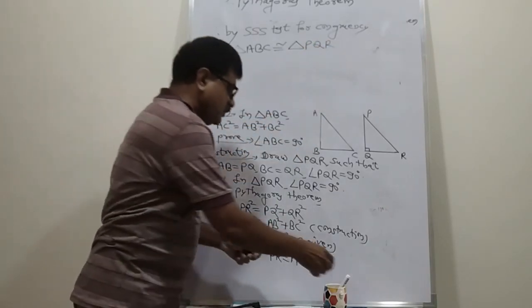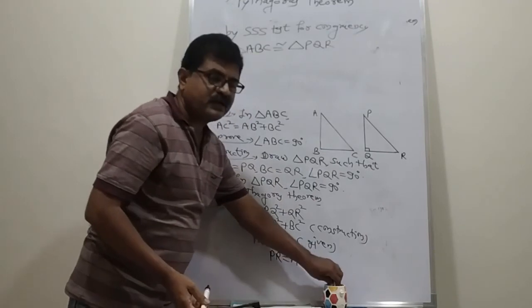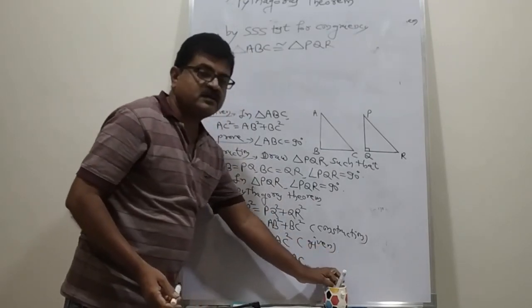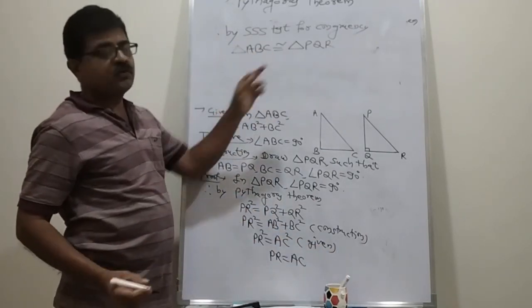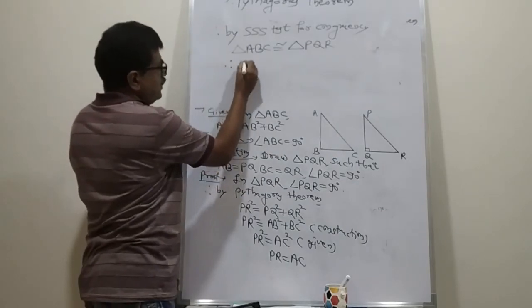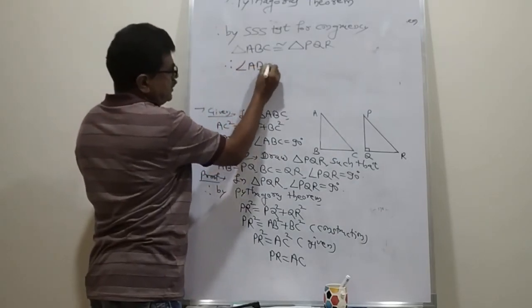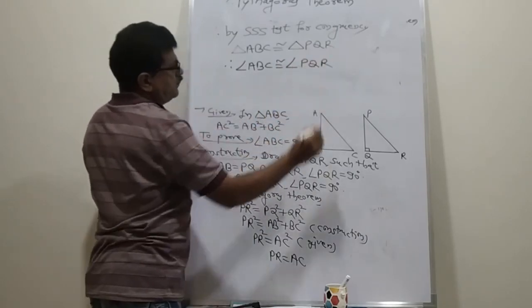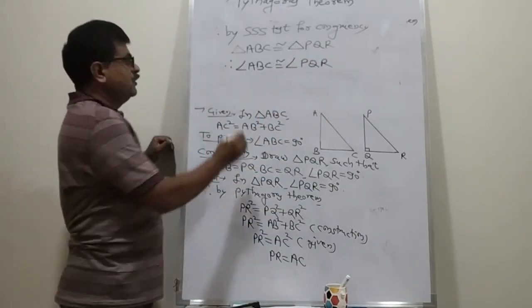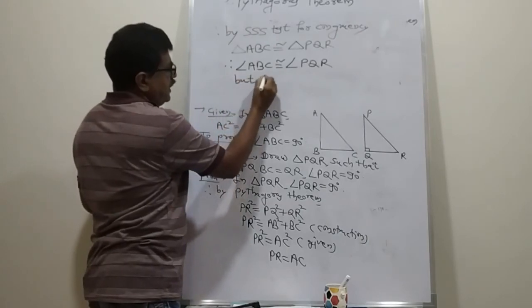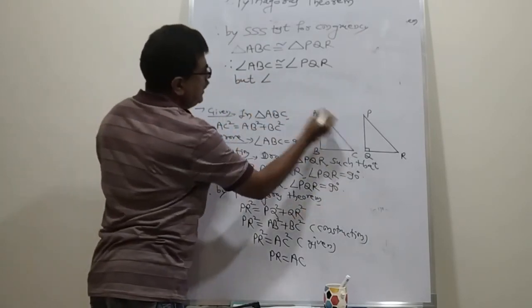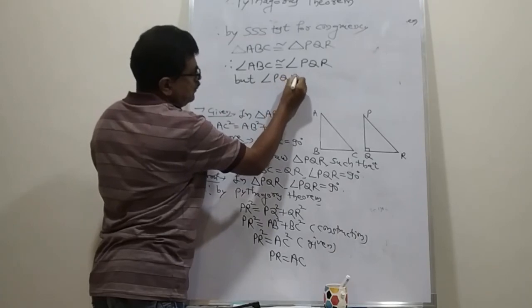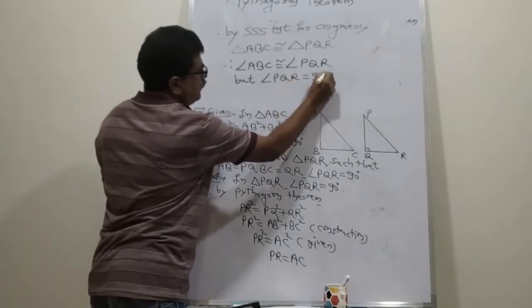Now, we know that if two triangles are congruent, then their corresponding angles are also congruent. Therefore, angle ABC is congruent to angle PQR. But we have given angle PQR is equal to 90 degrees.